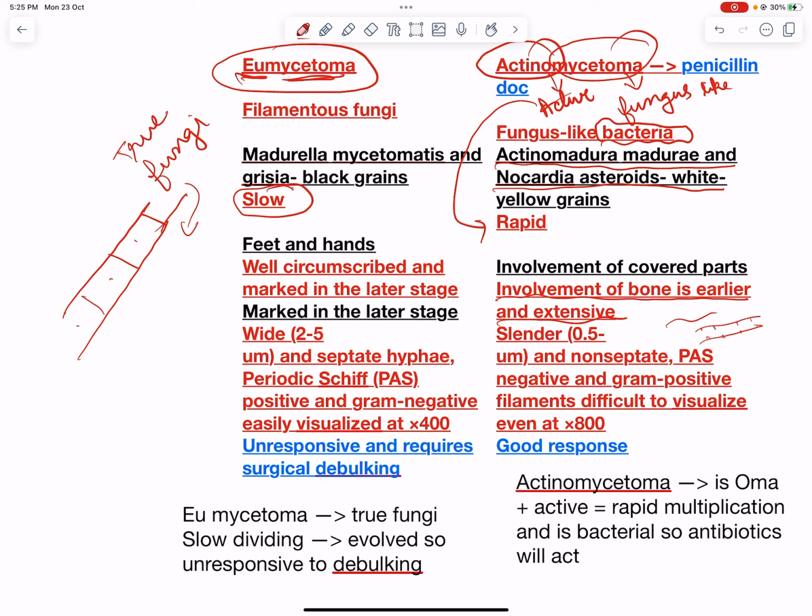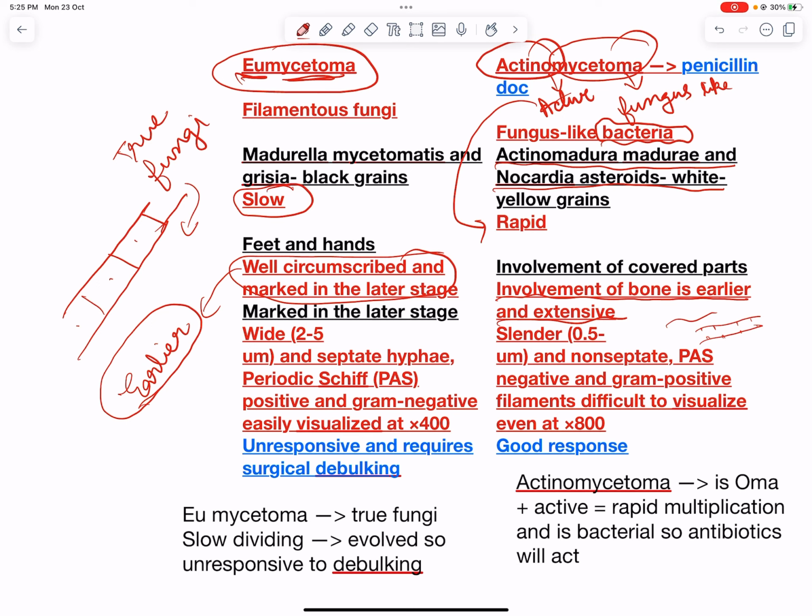They have reached everywhere, and they are well circumscribed and marked only in later stages, because in earlier stages the body is confused by this highly adaptable organism about what to do against eumycetoma.